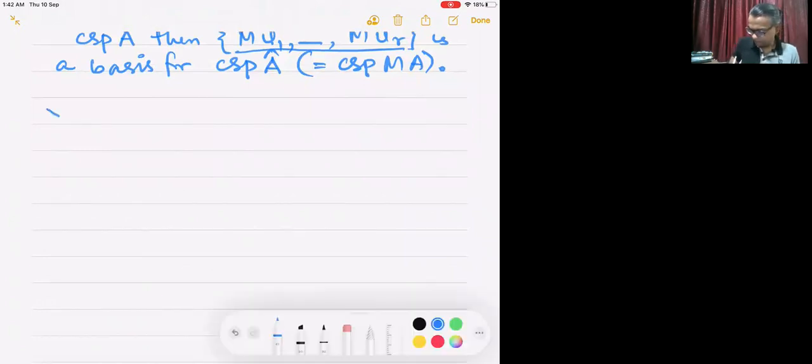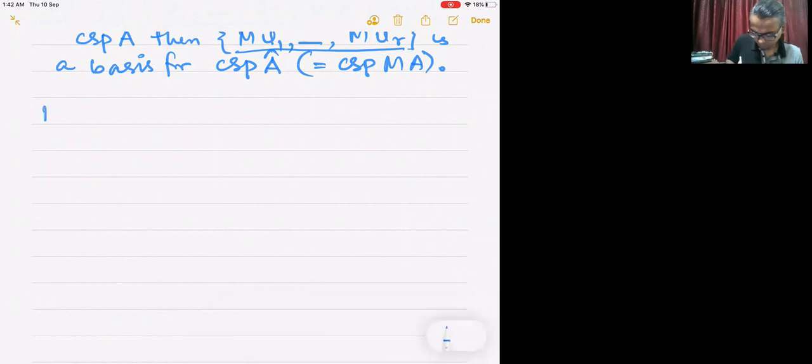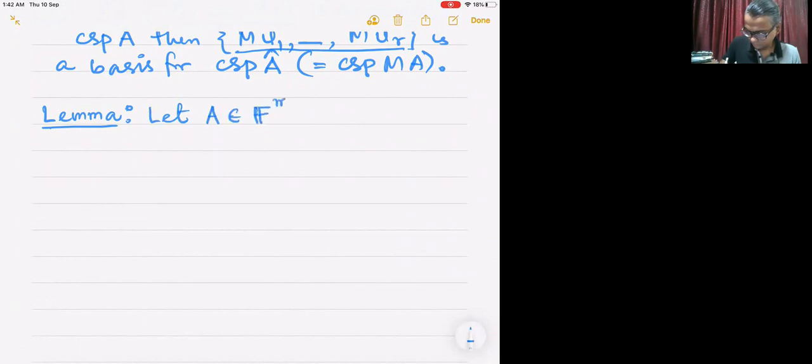Let me state this as a lemma. Let A be a matrix like this.